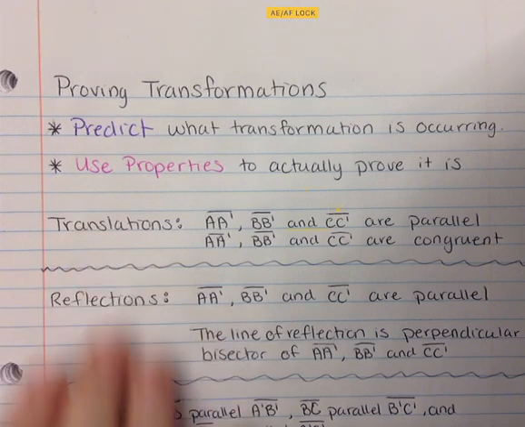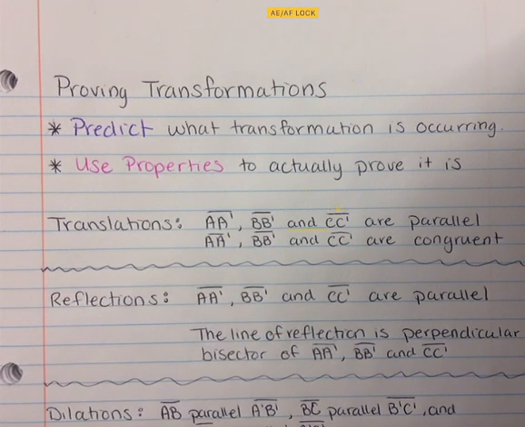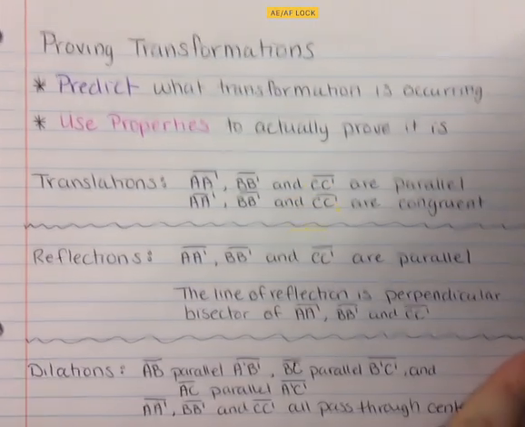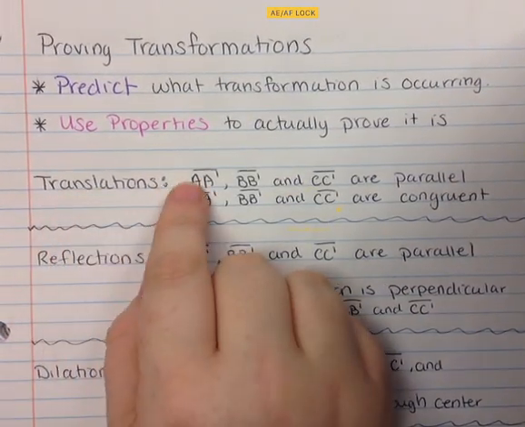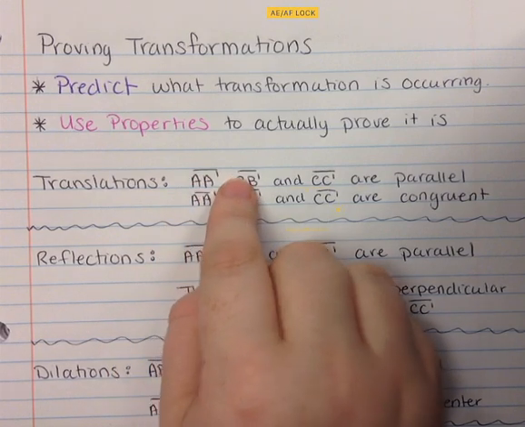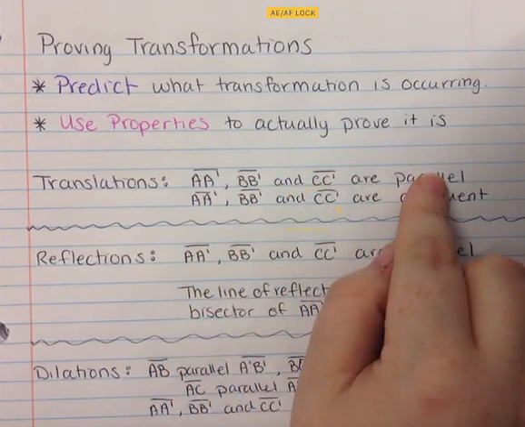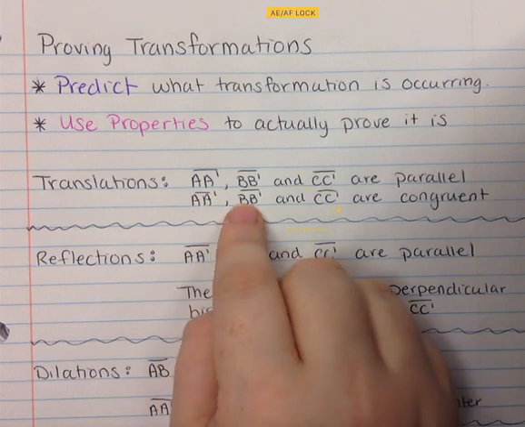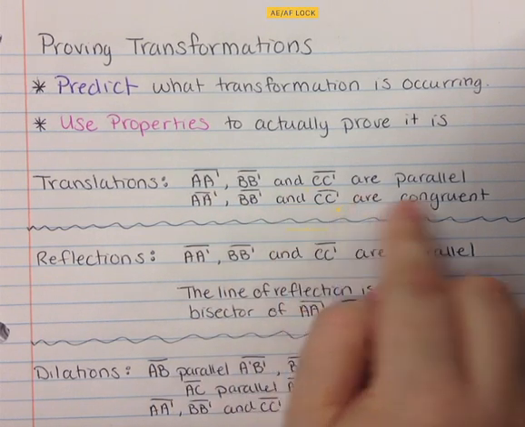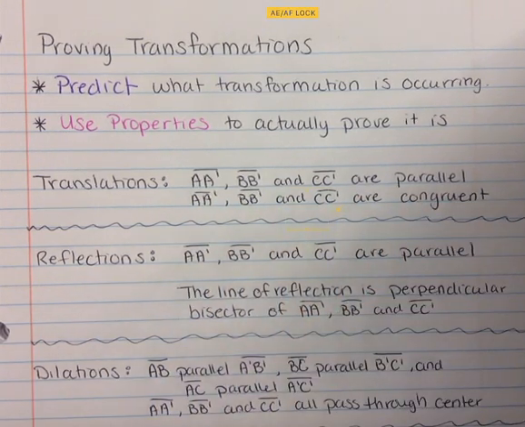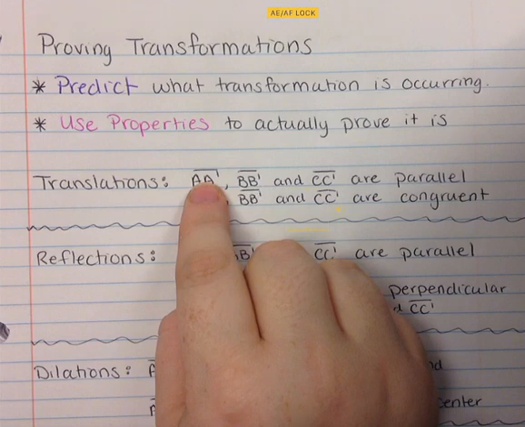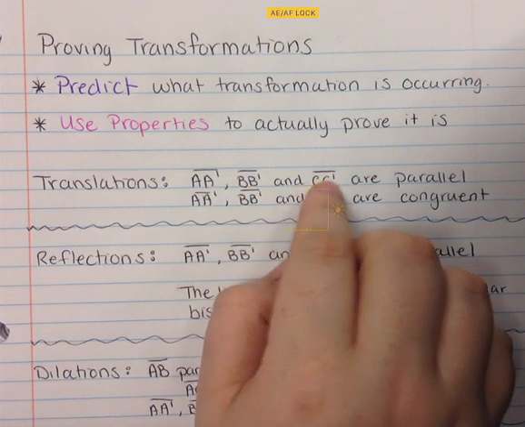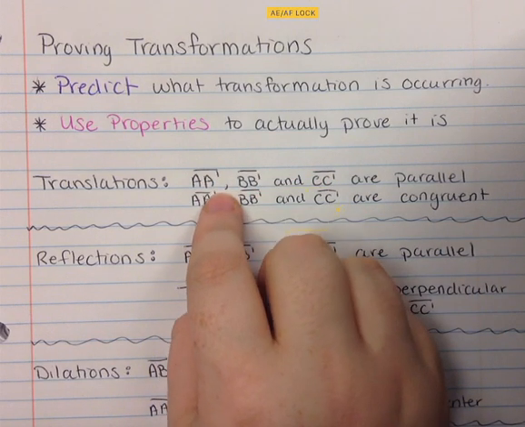So going over the transformations, I'm going to talk about the properties of the transformations. For translations, the property of translation states that AA', BB', and CC' are parallel, and that AA', BB', and CC' are also congruent. Now what this means is that from the pre-image to your image, however many there are, I've only used 3 for a triangle, but there could be multiple different letters.